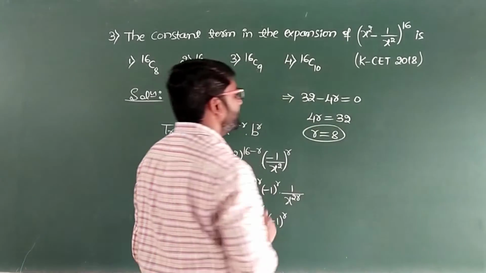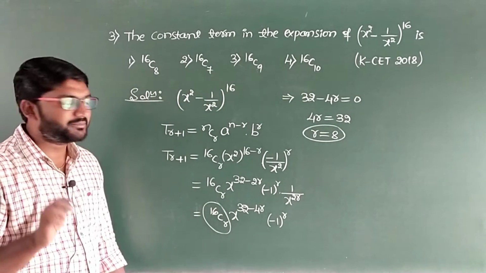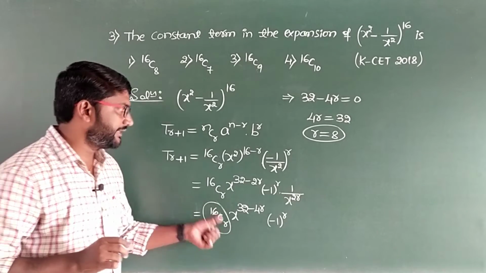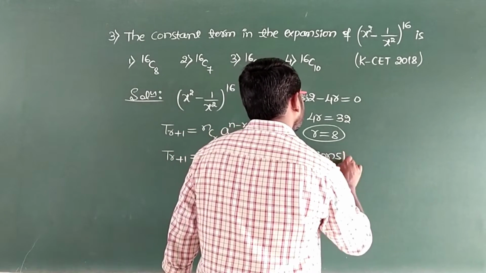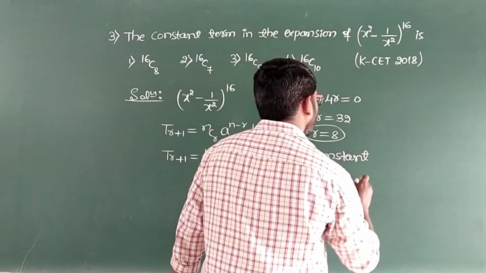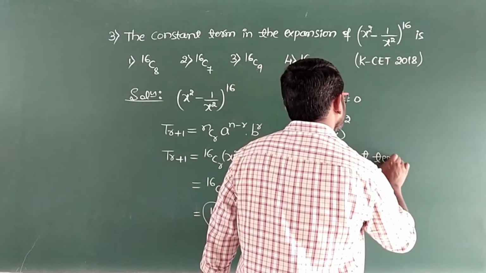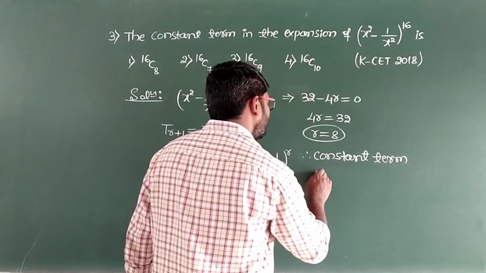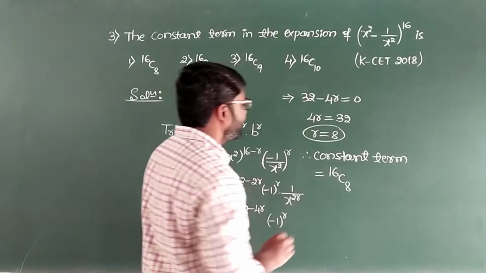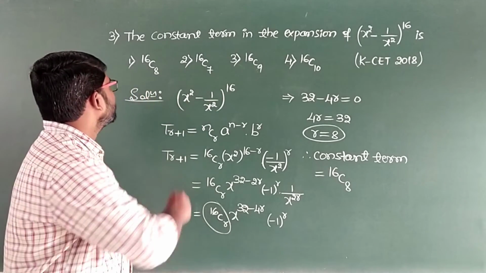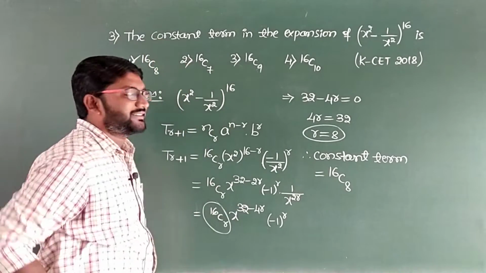So this is the value of small r. Therefore the constant term is 16C8. Search for the options now. Option 1 is the correct answer.